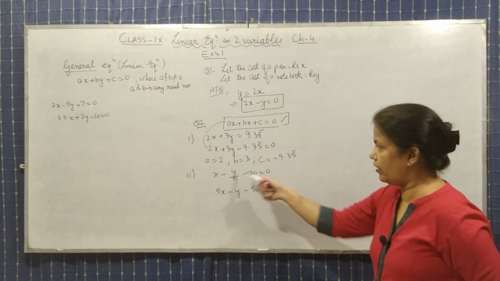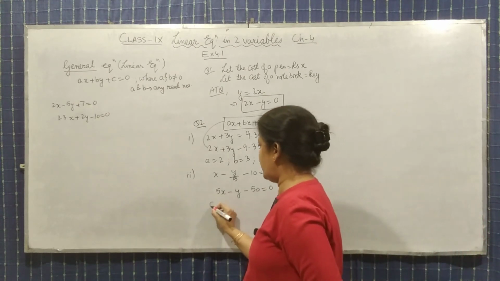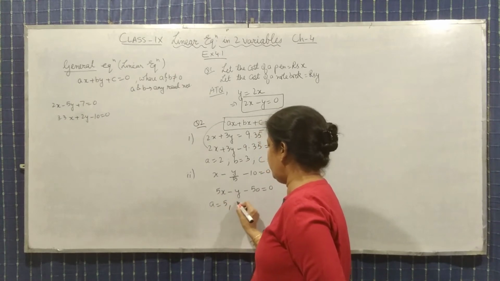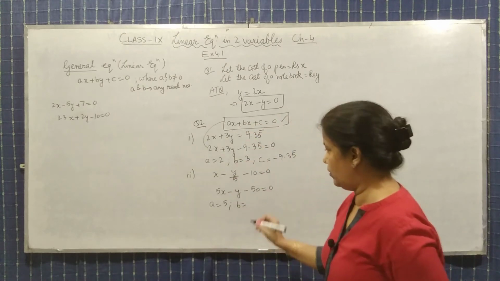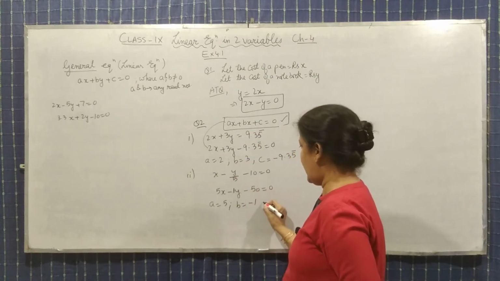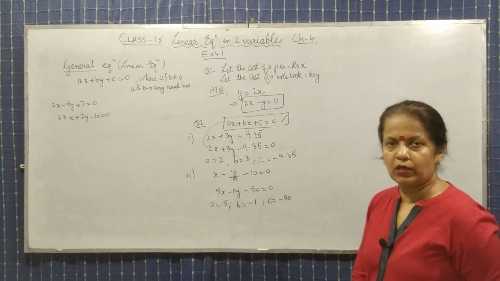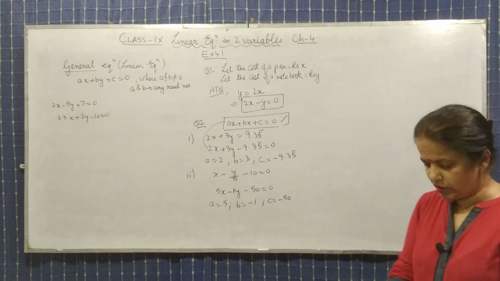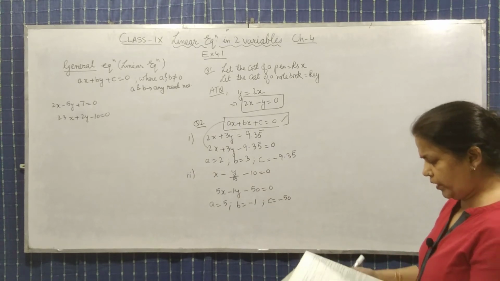And then 5 will go over here, so it will become 0. Now you can compare it: a equals 5, b equals minus 1, because 1 is written here, and c equals minus 50. Clear? Like this you can do any part.